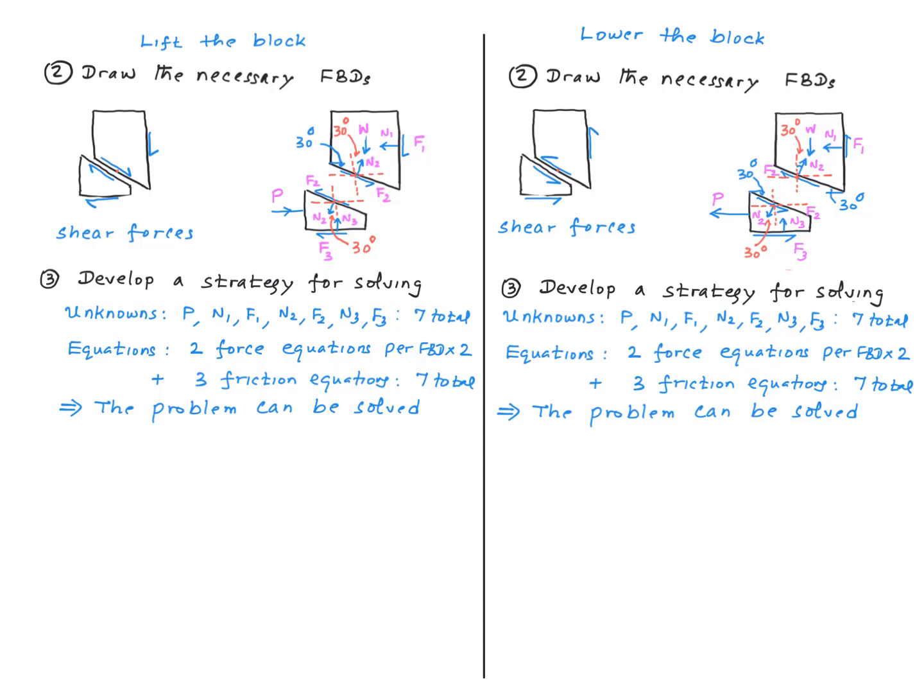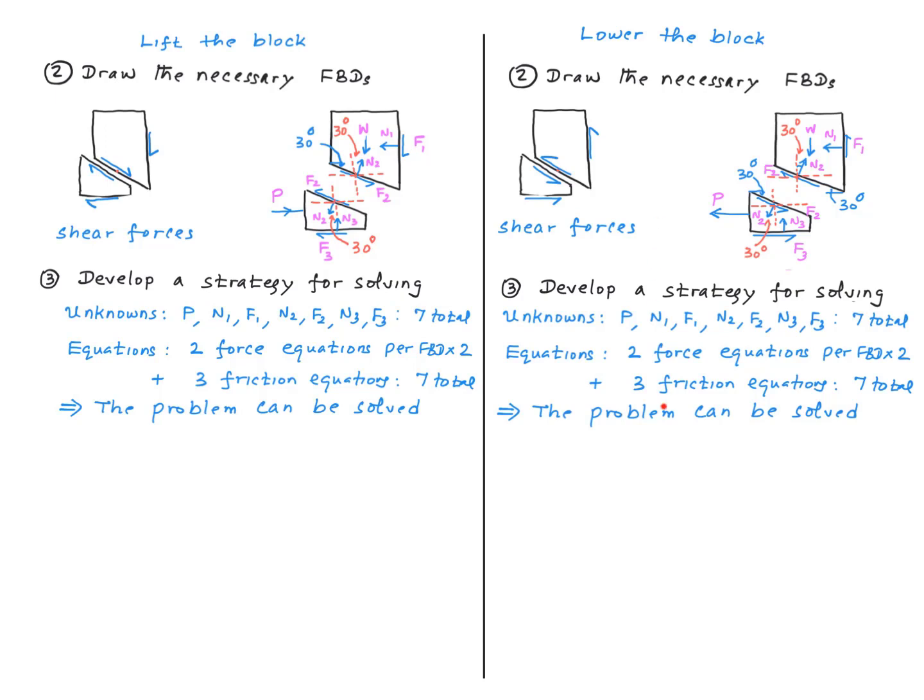We can write down 2 force equilibrium equations for each of the 2 blocks. So that will give us 4 equations. And we also have 3 frictional equations, 1 per frictional interface. So that gives us a total of 7 equations, and therefore the problem can be solved.